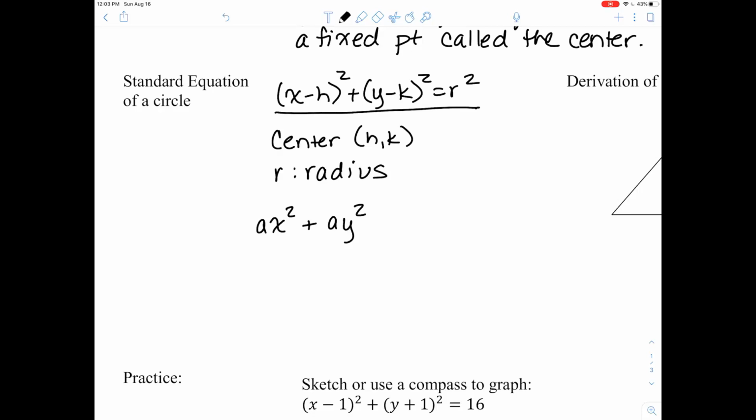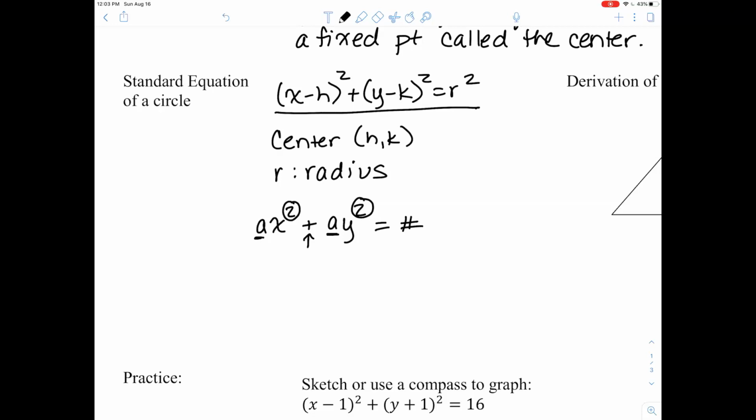Whether it's a 1 or a 4, whatever, it doesn't matter, they have to be the same. Both the x and the y have to be squared. And the third condition is you have to be adding those 2 values. You can't be subtracting those 2 values. So it's these conditions here, and they equal a number.